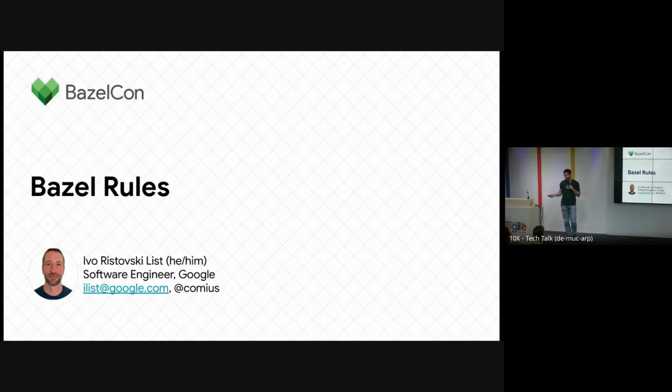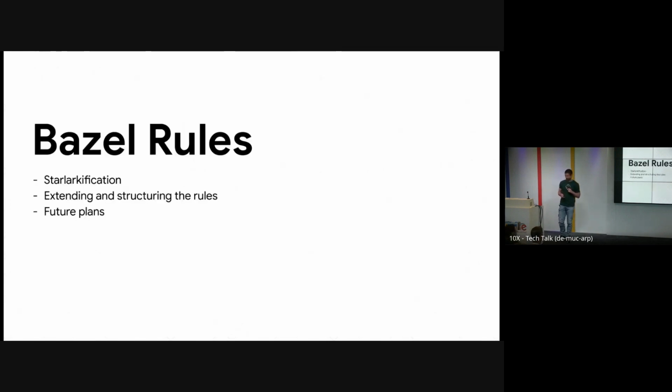Bazel rules are probably one of the most extendable parts of Bazel, and actually even a very large part of our code base. They allow you to support arbitrary languages and also other things beyond languages. I will roughly split the presentation into 3 parts: past, present, and future, or maybe almost past, as it always is.